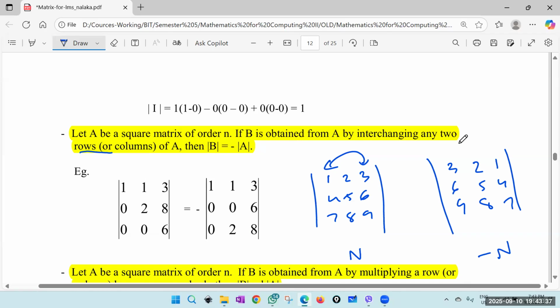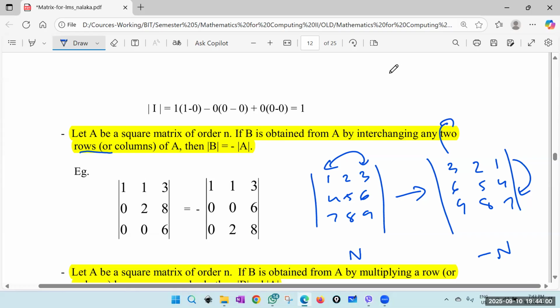Now let's assume we again interchange two rows or two columns. I got this one from this one, so this one's determinant is negative times this one's determinant. Now I can do the same thing again. This time I can interchange other two rows or columns. So let's assume I interchange these two.